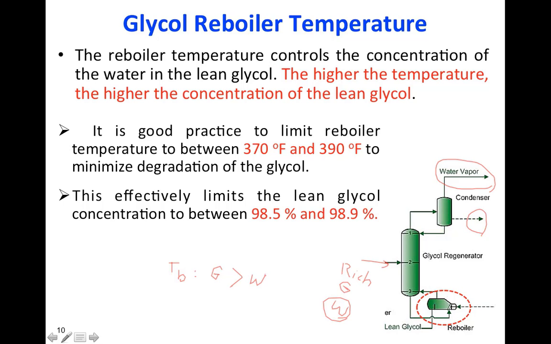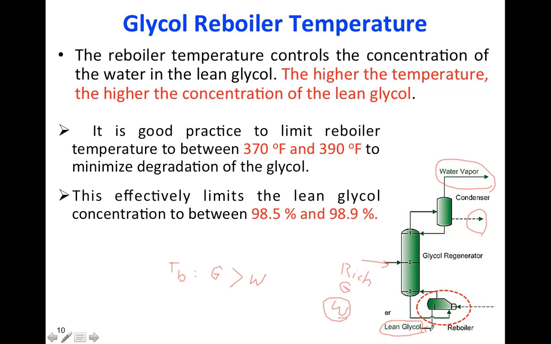In the reboiler I boil the liquid, which is mainly glycol. So I will remove my pure, lean glycol, which is poor in water or rich in glycol, and this will be sent to the absorption column.